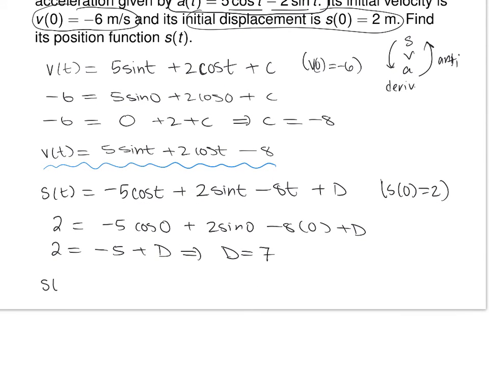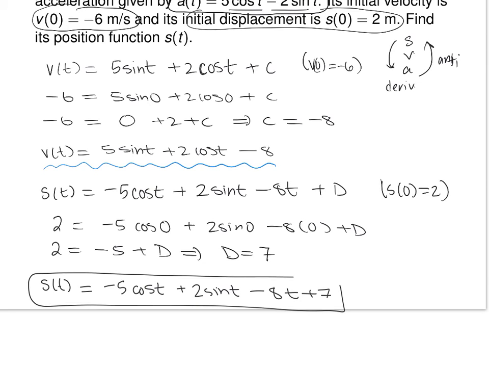So your position function is negative 5 cosine t plus 2 sine t minus 8t plus 7. That's the parent function. That's the original function that was differentiated to get the acceleration function.